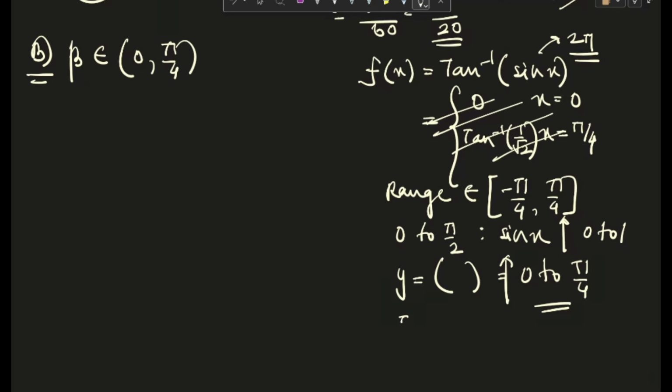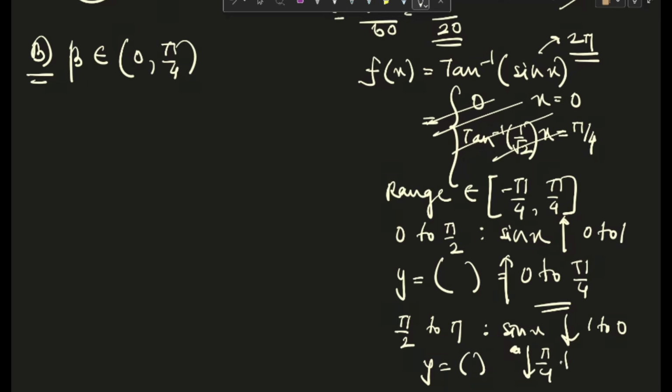Now if you observe from pi by 2 to pi, sin x decreases from 1 to 0. So our function will again, I'm sorry, decrease from pi by 4 back to 0. So it is 0 to pi by 4, again pi by 4 to 0.